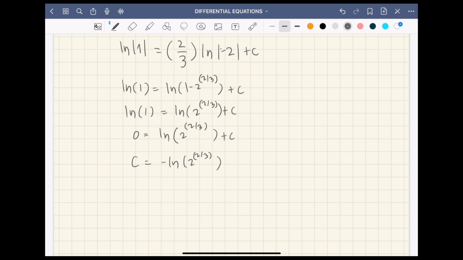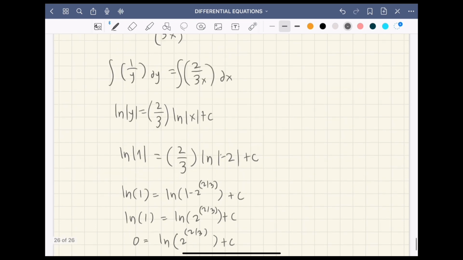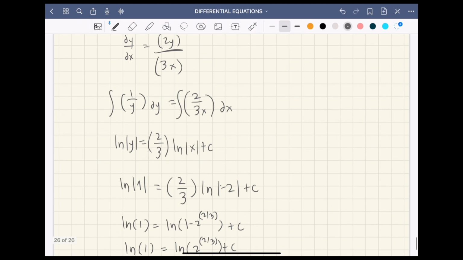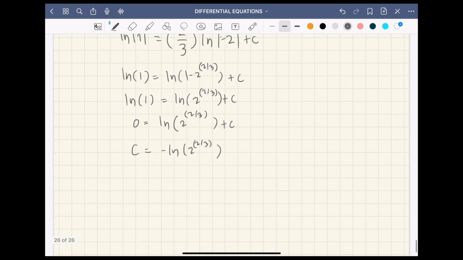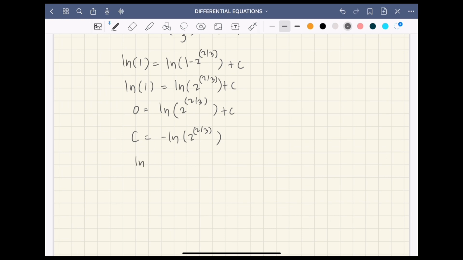Now we can substitute the value of c back into the general solution. So ln of y equals 2/3 ln of x minus ln of 2 raised to 2/3.